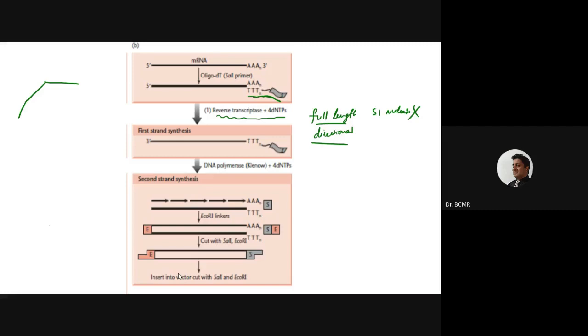In a similar way, what we are doing here is we have oligo T, and then we have the Sal1 primer attached to it. So when the first cDNA strand is made, it already has the Sal1 linker here.